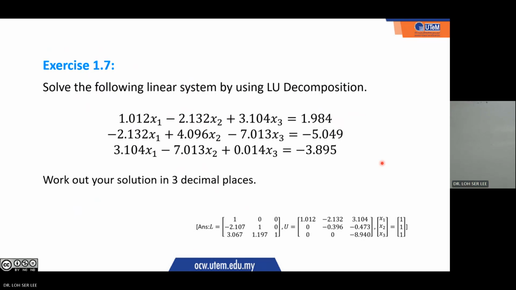So when you decompose A into LU, use 3 decimal places also. For the M, you can use decimal values. So write out the matrix A first. Extract the information from the linear system.